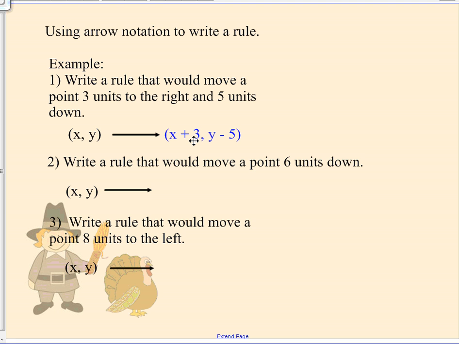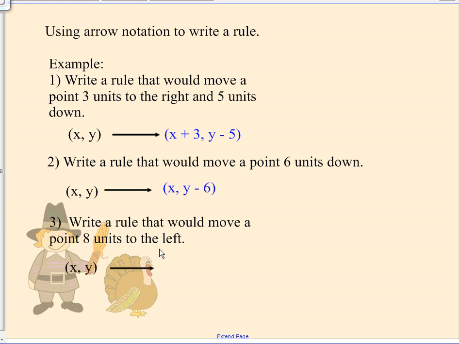Okay, so if we were to write a rule that would move a point 6 units down, my x would not change. However, my y would. We're moving down, which means we're moving along the y-axis, so you're going to subtract 6. All right, and last but not least, we have write a rule that would move a point 8 units to the left.